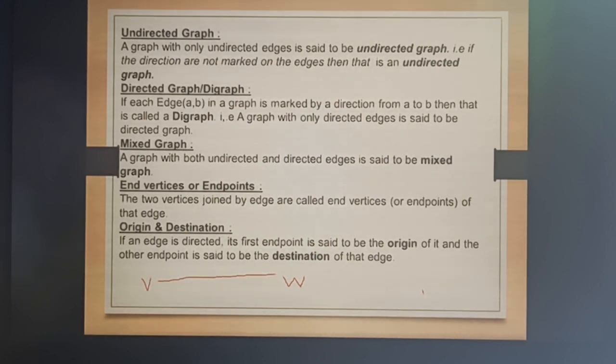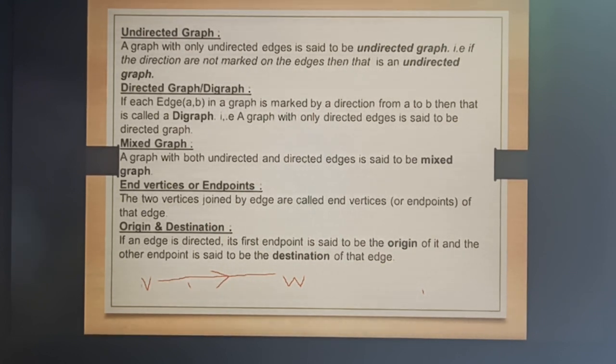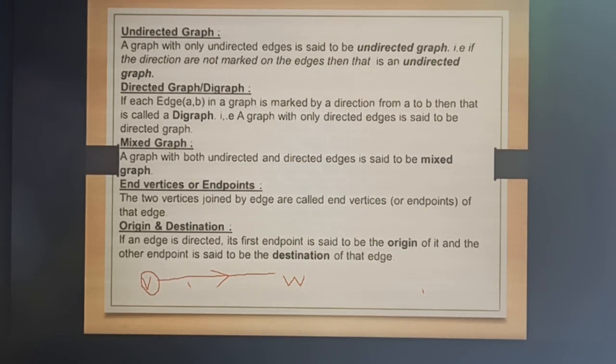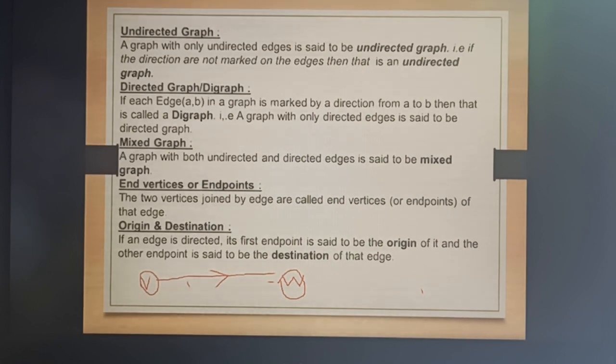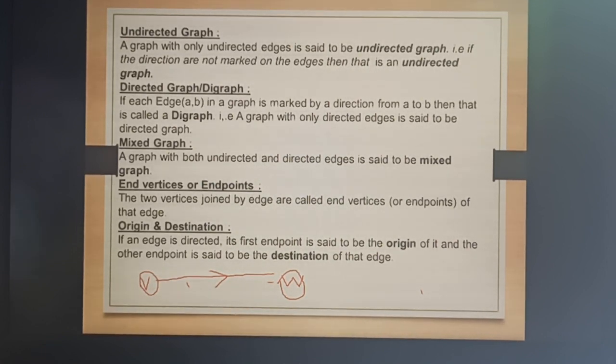If an edge is directed, meaning direction is mentioned, then its first endpoint is called its origin and the other endpoint is called its destination. Here V is called the origin and W is called the destination.